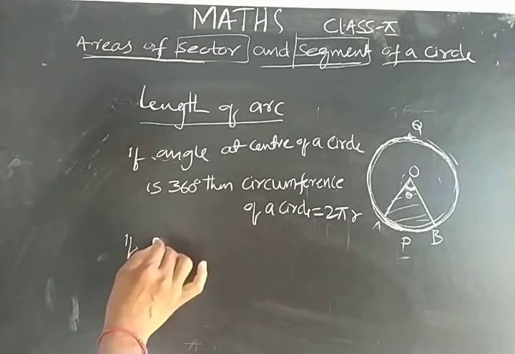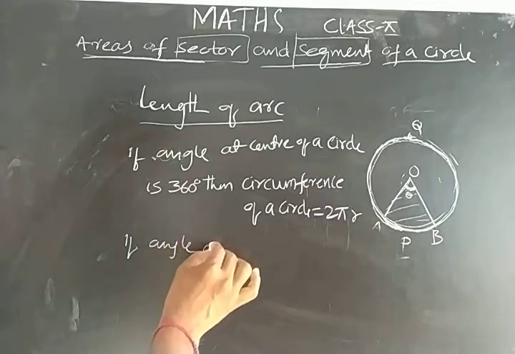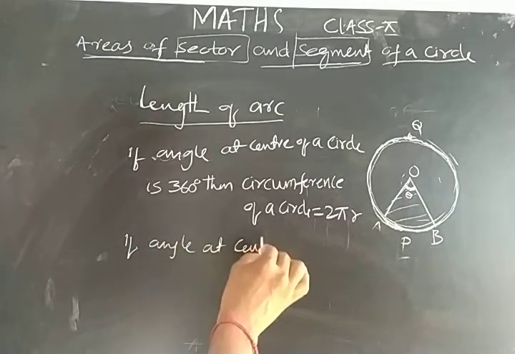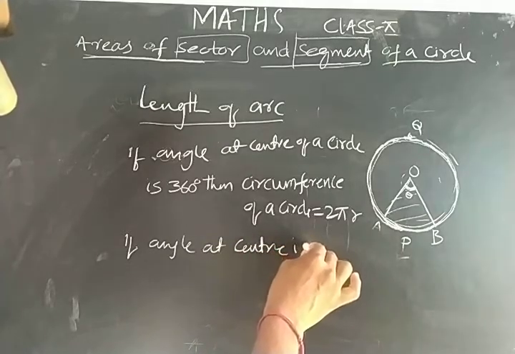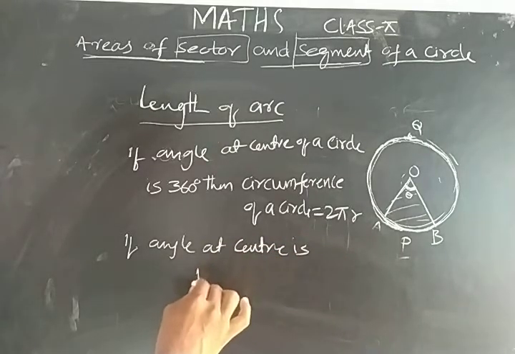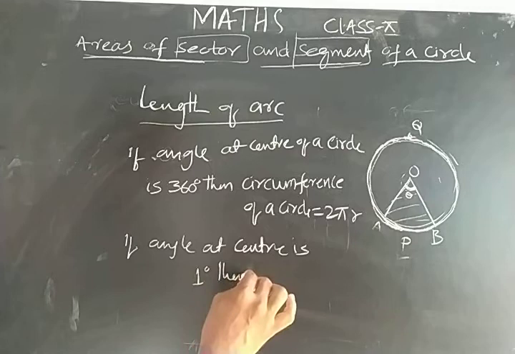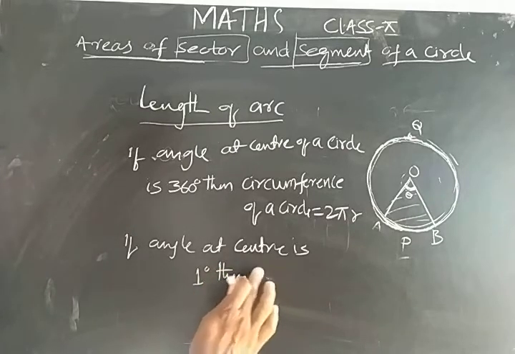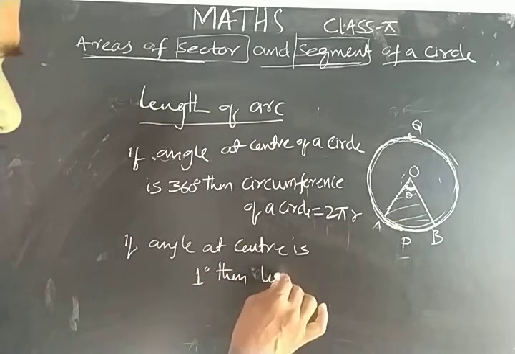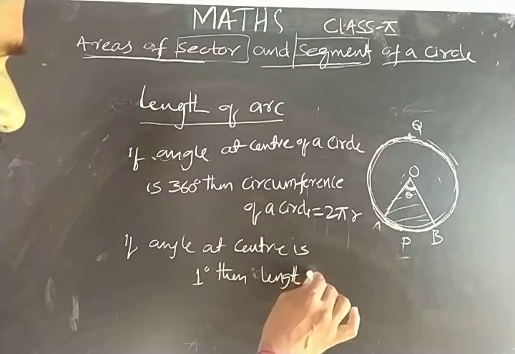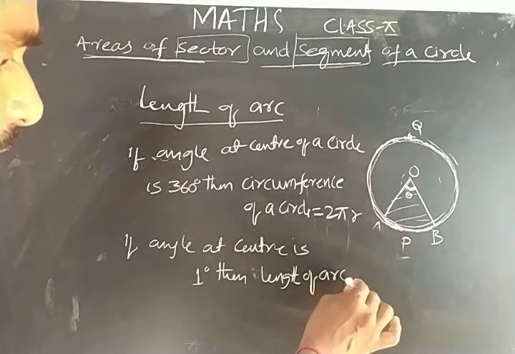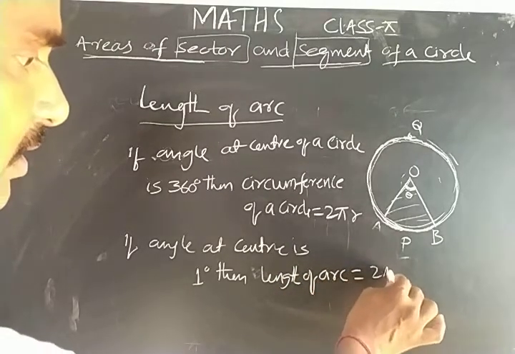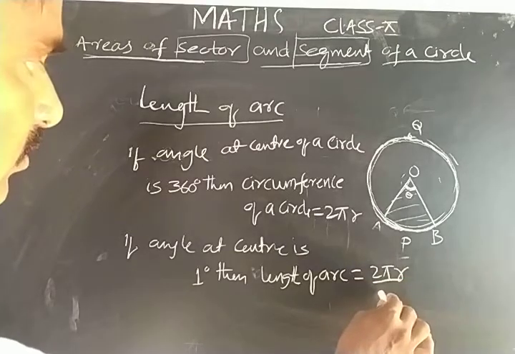If the angle at center is 1 degree, then the length of arc will be 2 pi r by 360.